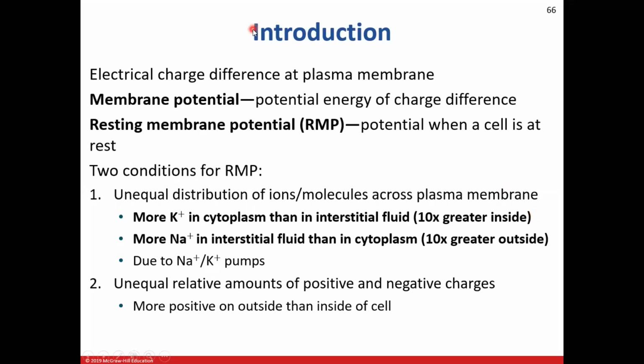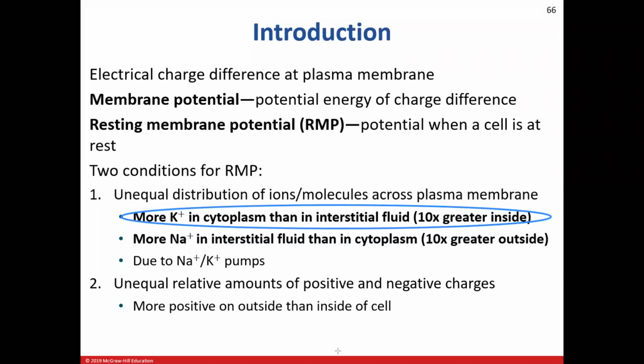We have an unequal distribution of ions and molecules across the plasma membrane. We have more potassium in the cytoplasm than in the interstitial fluid, about 10 times greater inside the cell. You'll notice this is bolded.